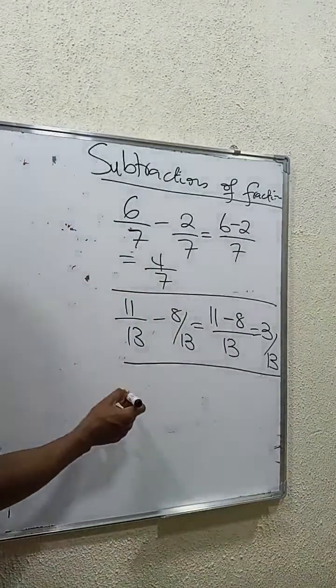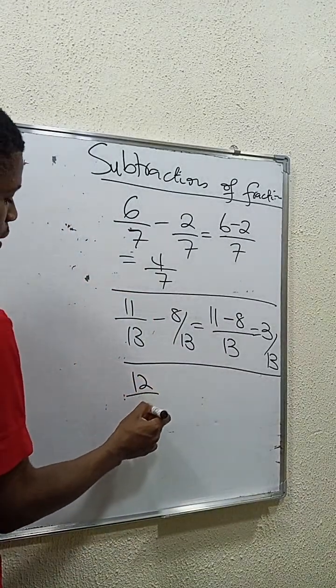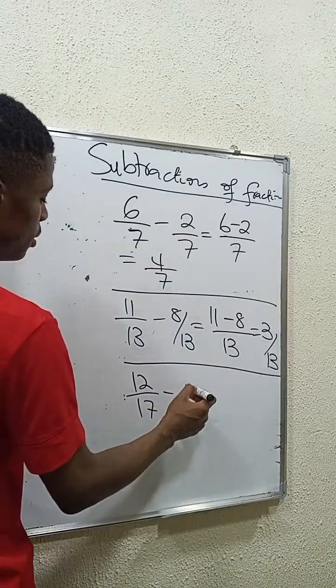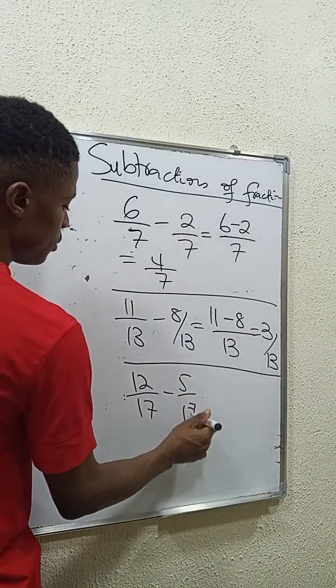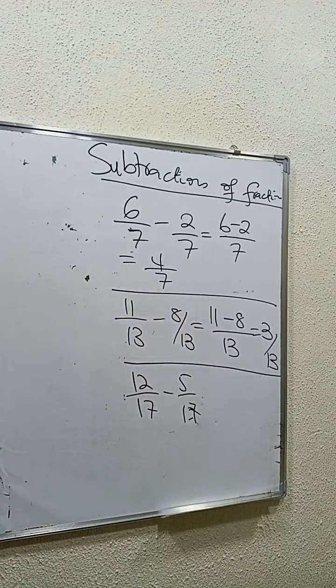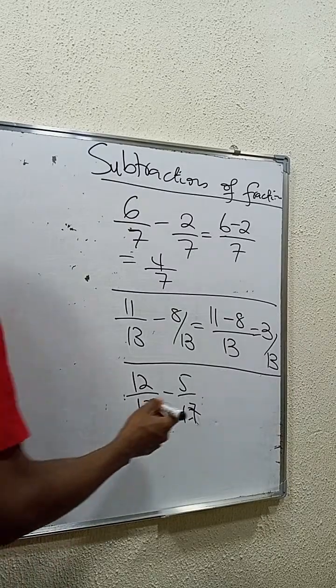So let's look at this. 12 over 17 minus 5 over 17. This is another case where the denominators are the same. So here we'll try to subtract.